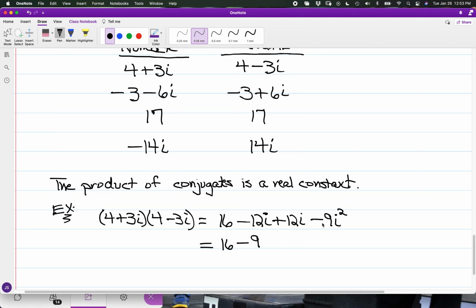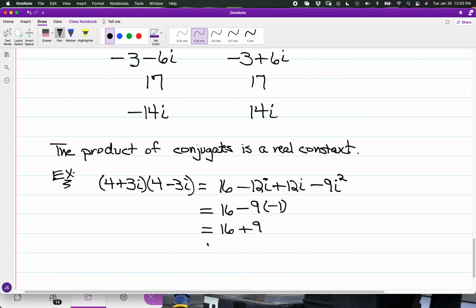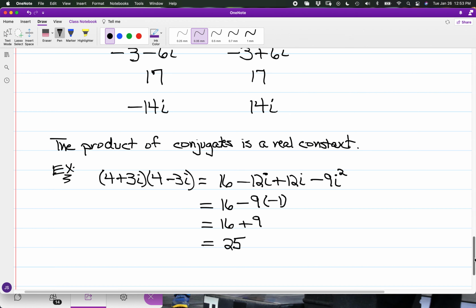And for negative 9 i squared, i squared comes out to negative 1, and negative 9 times negative 1 will be a positive 9. So the product of these conjugates comes out to 25.